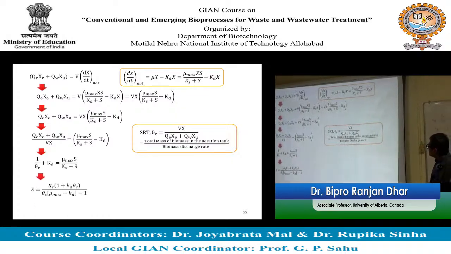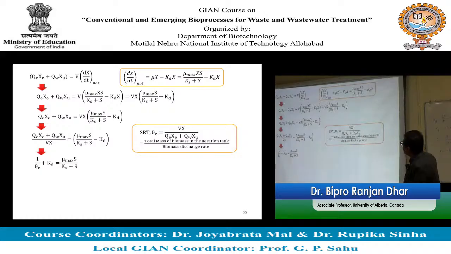So now my target is, here what you see, you have theta c, which is SRT. What is Kd? Decay rate or decay coefficient, right? And what is mu max? Maximum specific growth rate. What is S? Substrate concentration of what?